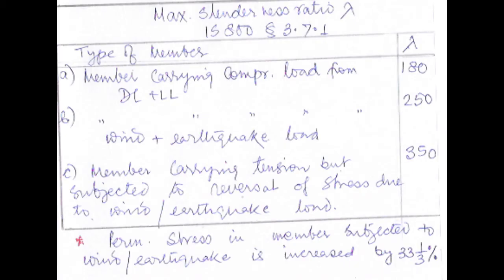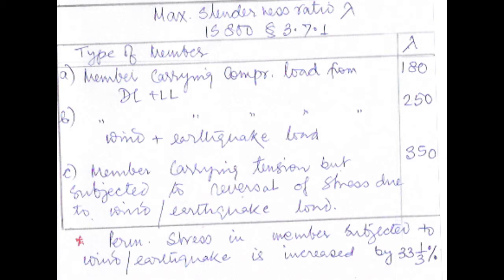Here you should also remember this table, which is given in IS 800, article number 3.7.1, that is, the maximum value of slenderness ratio. Case number 1: if the compression member carries compressive load only from dead load and live load, then the maximum slenderness ratio allowed is 180, correct?